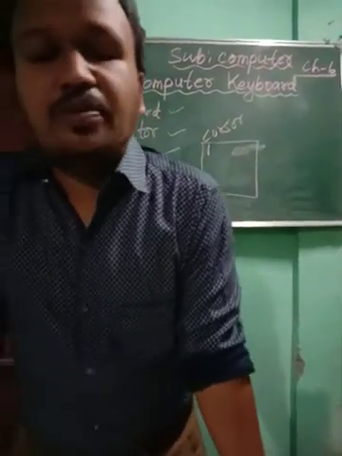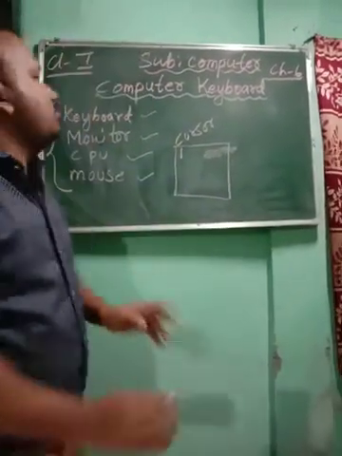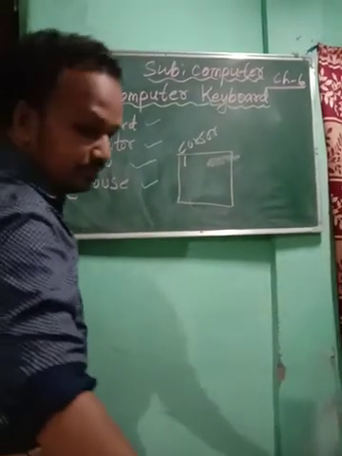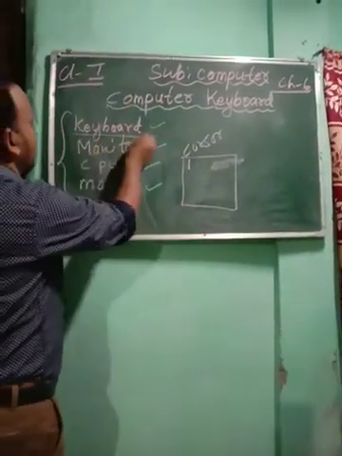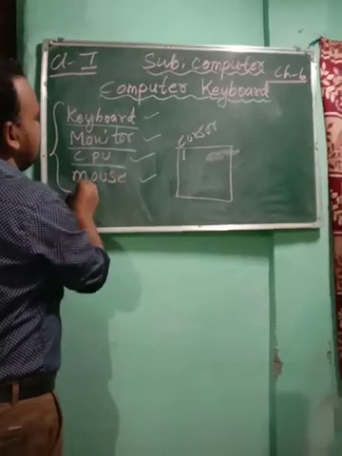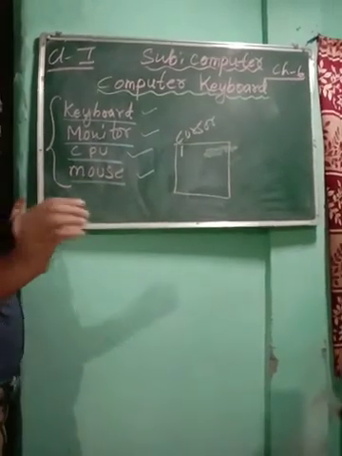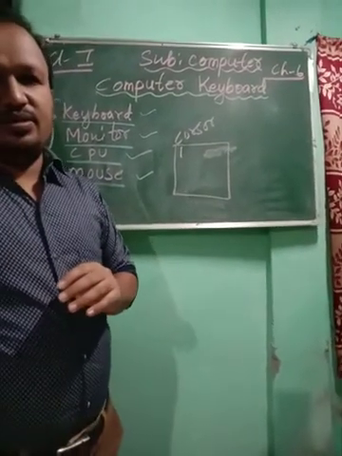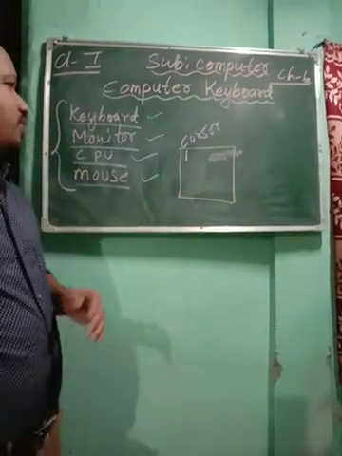So let's begin. Computer keyboard. Again I am saying, a computer has lots of parts. It has a keyboard, a monitor, a CPU, and a mouse. All are very important parts of a computer.